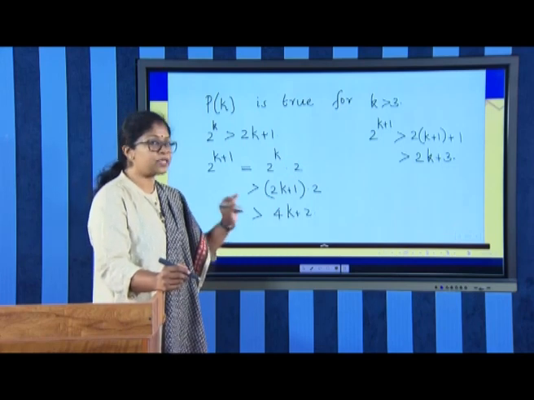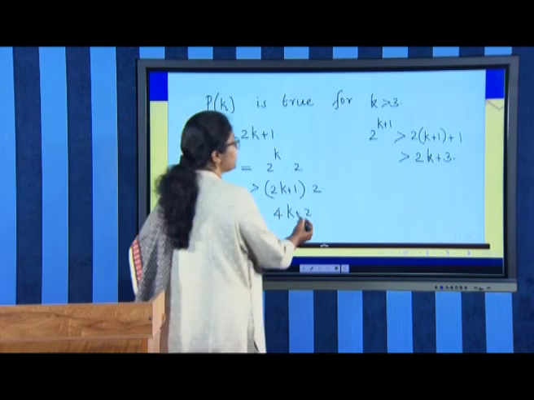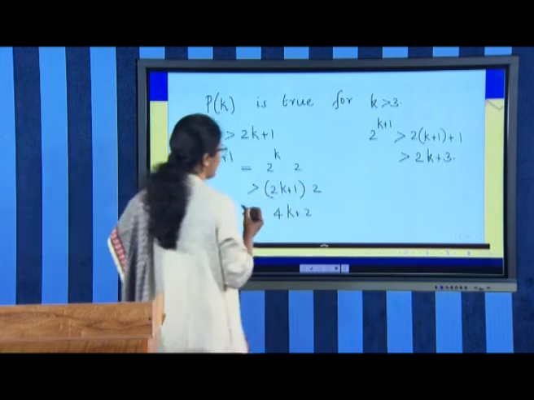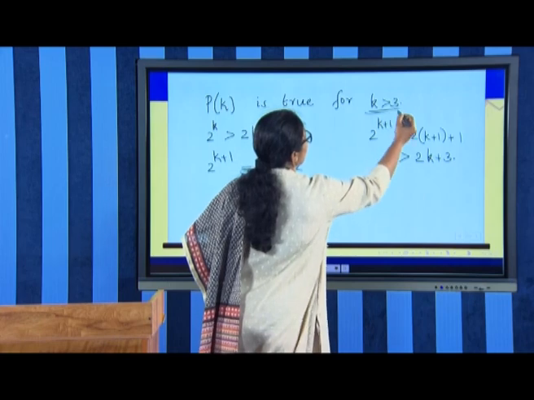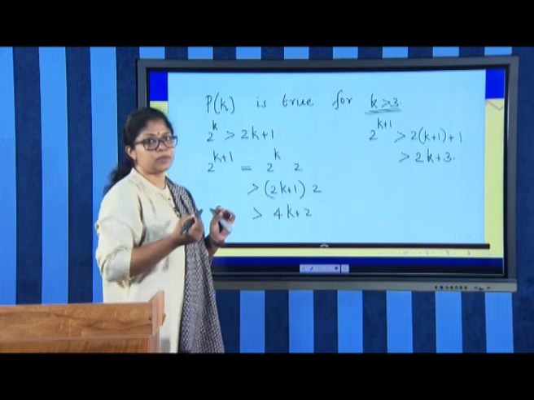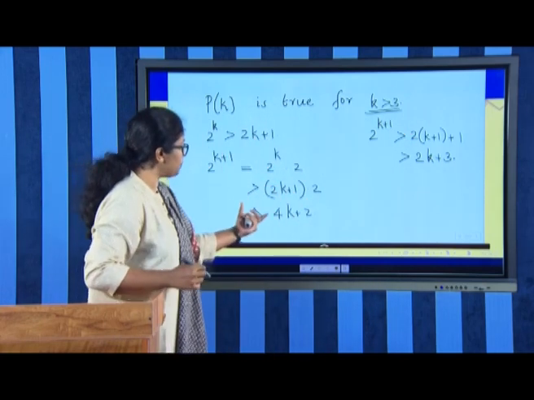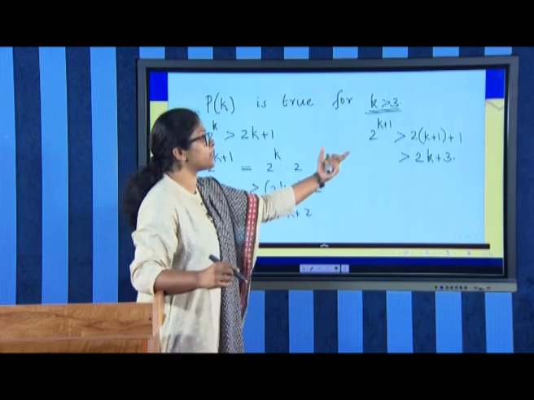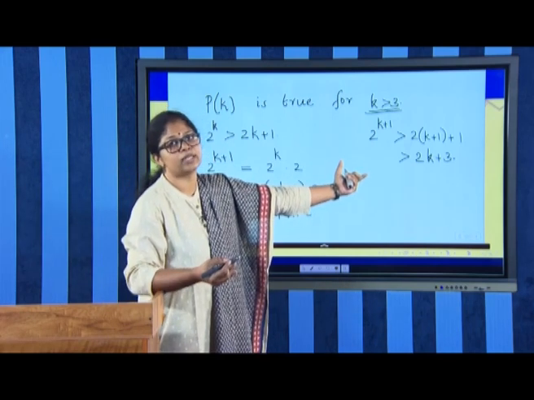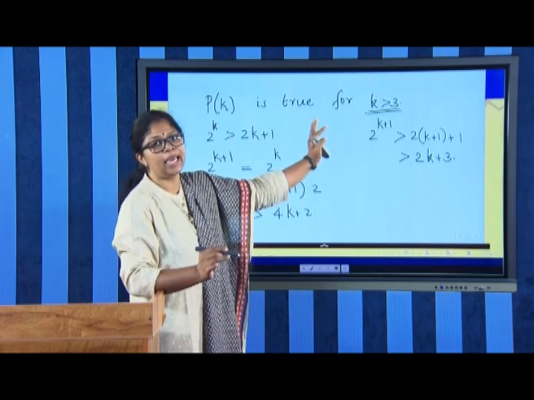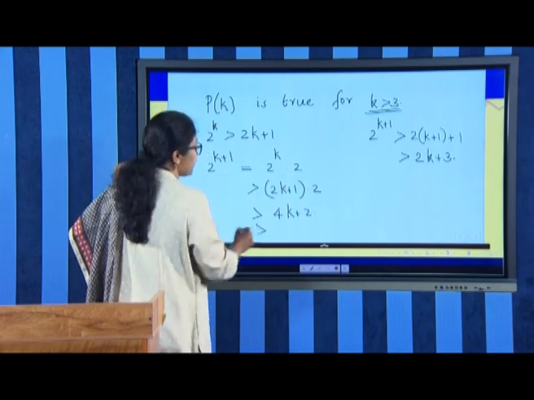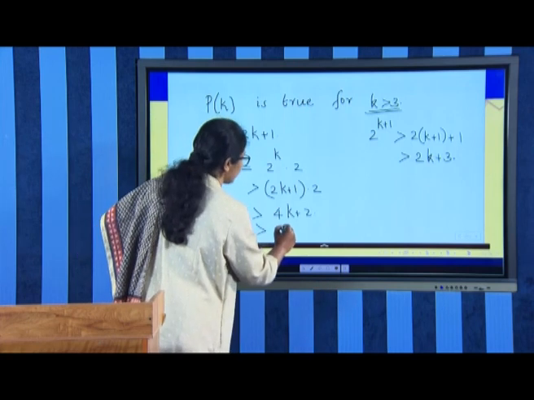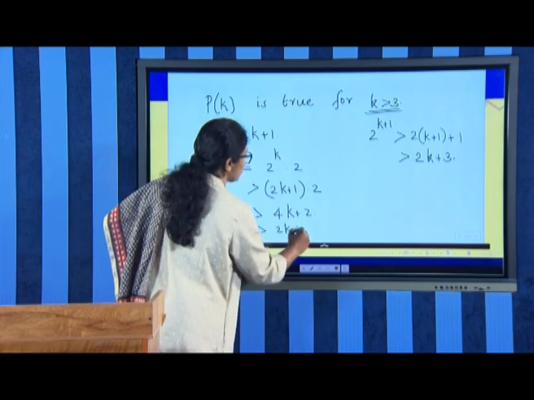Now, as in the previous case, we need to compare 4k plus 2 and 2k plus 3, for a natural number k greater than 3. So, which is the largest number? 4k plus 2 is greater than 2k plus 3, obviously, for any natural number k greater than 3. So, we can simply replace this with a smaller number 2k plus 3 on the right side.